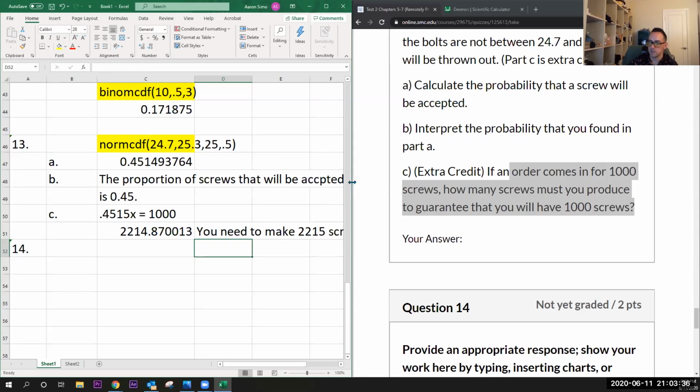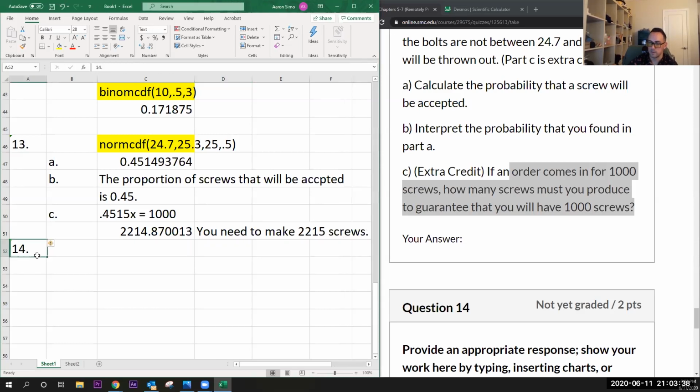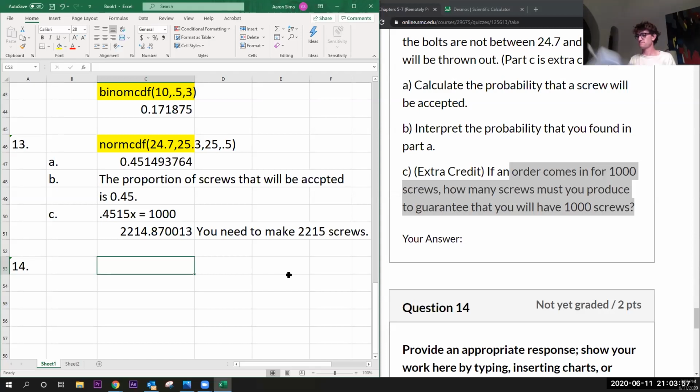That's what I would say. Because if you multiply 45% of 2,215, guess what you get? 1,000, right? So that's like a percentage question. It kind of came out of the blue. That's why it was extra credit. It's not really a statistics thing, it's a different type of thing.